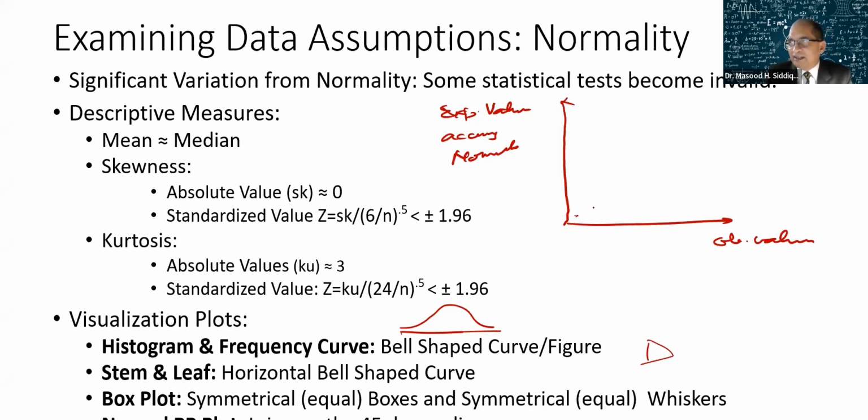If we draw the curve, this 45-degree line is important because it represents that the observed values and the expected values from the normal are the same. So if our points lie on this 45-degree line, we can say our data is normal. And if points deviate much from this line, then our data is not normal. So this is one of the methods.